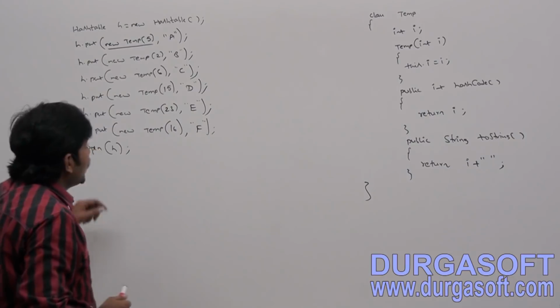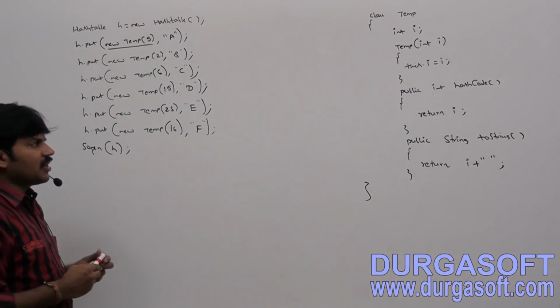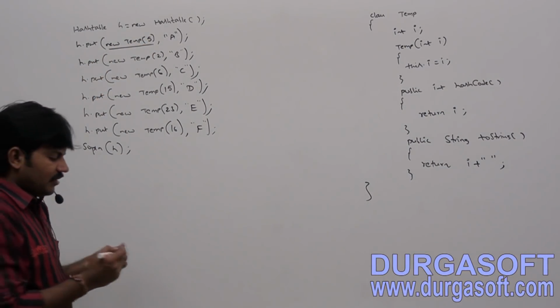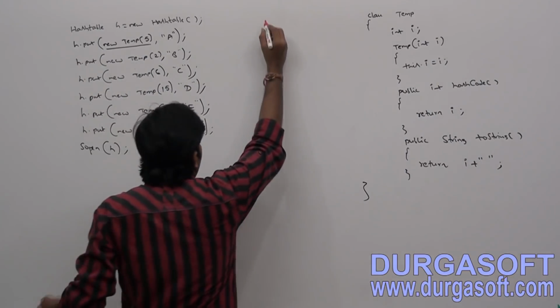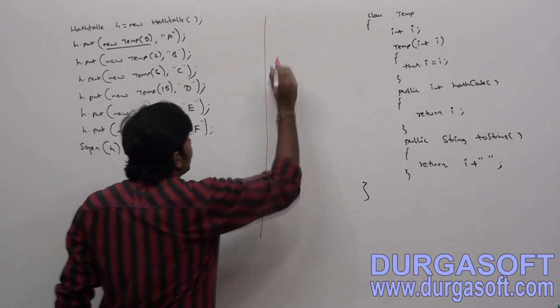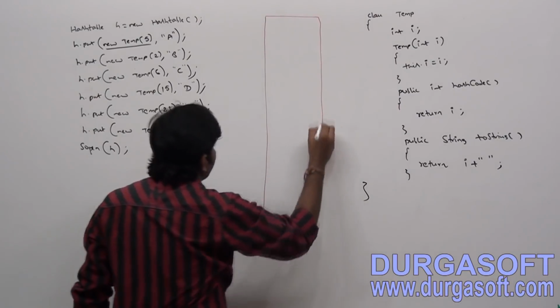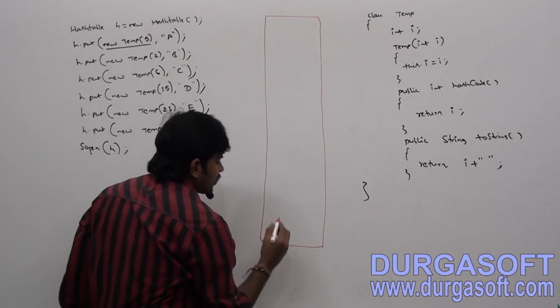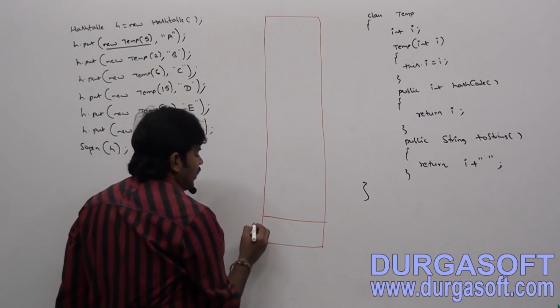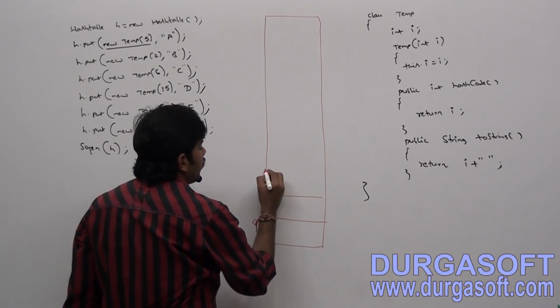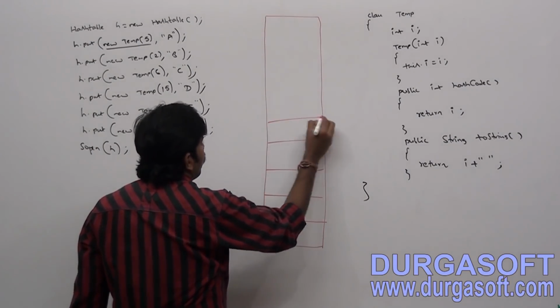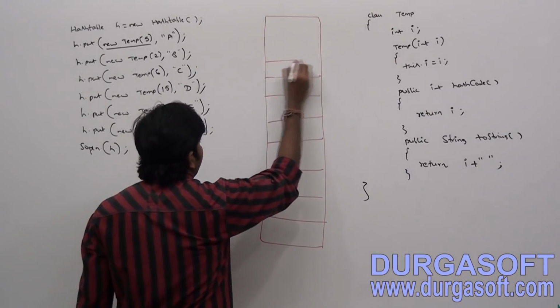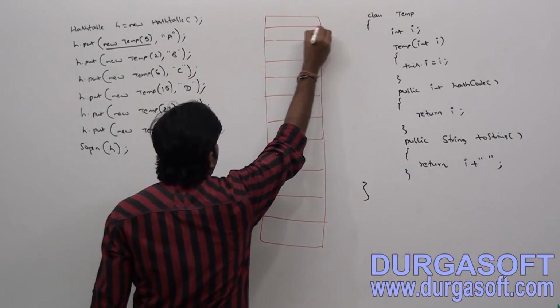Now just observe this one. Can you tell what is the default initial capacity of Hashtable? 11. Then in my Hashtable 11 buckets are there, numbered 0, 1, 2, 3, 4, 5, 6, 7, 8, 9, 10.